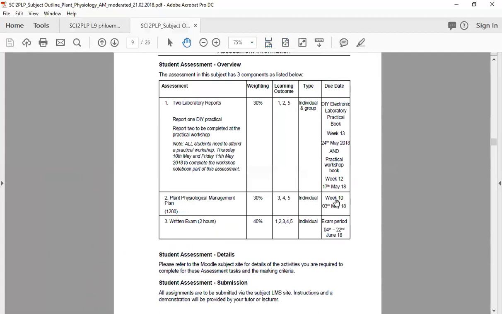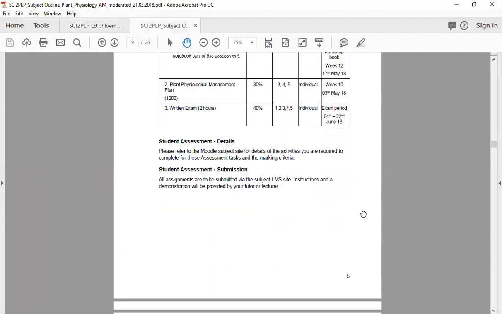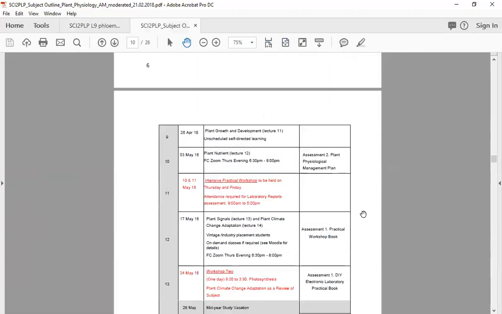If you haven't started, I'm hoping that you've all started on this. If you haven't, this is certainly a good one to get started on as soon as possible. So due in 2 weeks, 3rd of May.